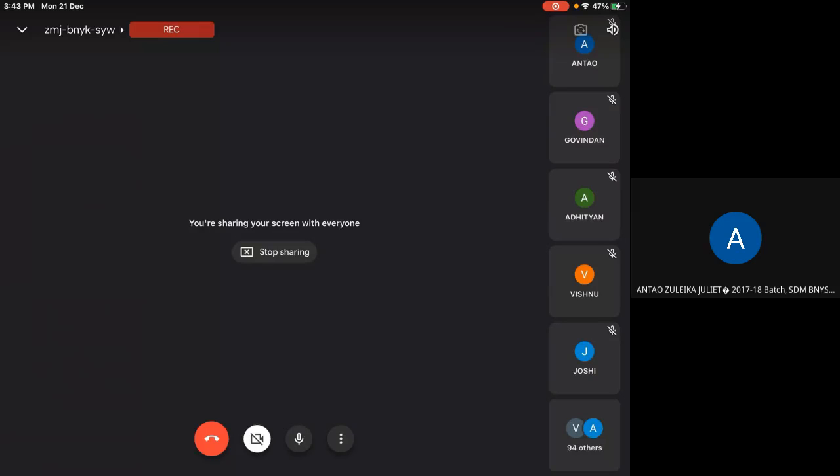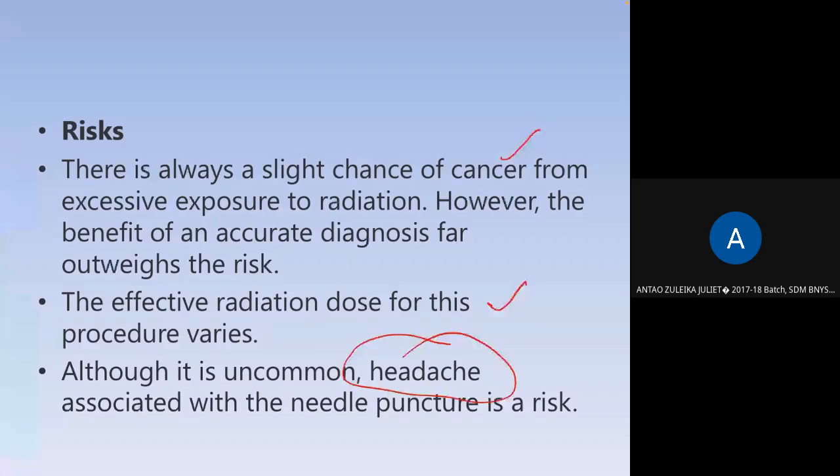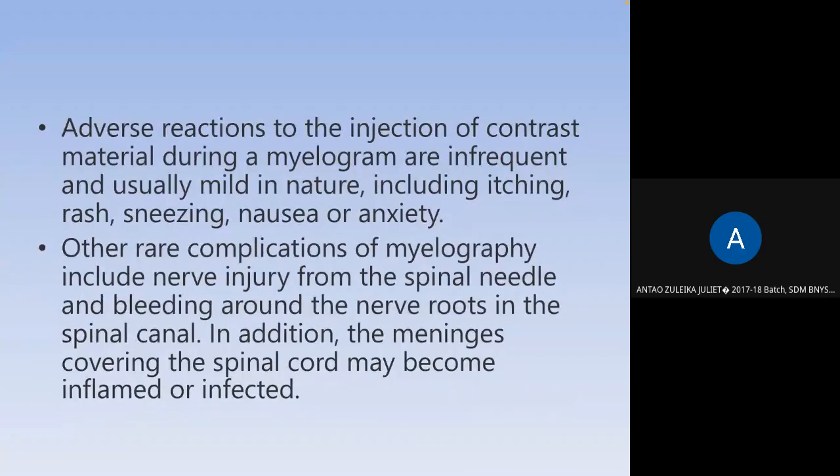Another risk is that a person who is not an expert in doing LP, or putting a needle into the canal, can puncture different areas of the spine, or could puncture the spinal cord itself. Another thing is adverse reactions to the injection, which can happen with any contrast.